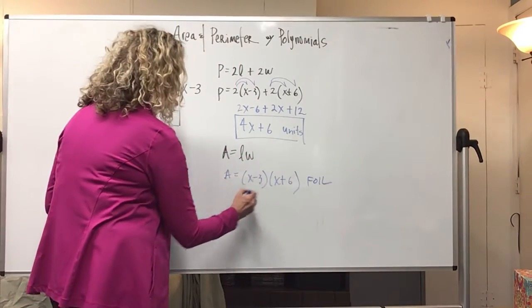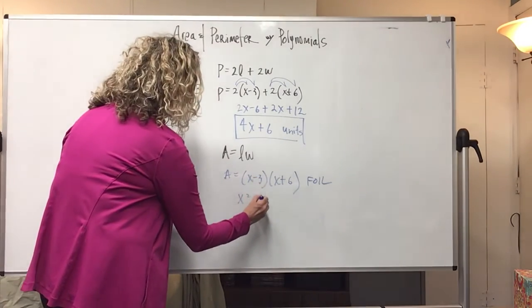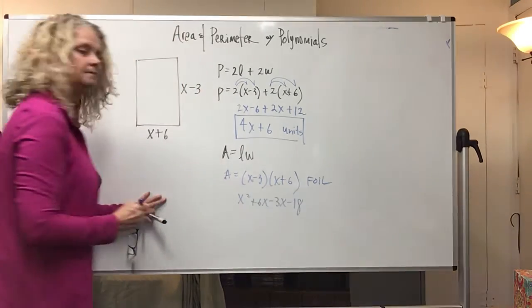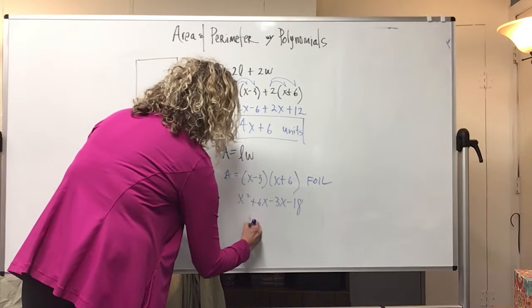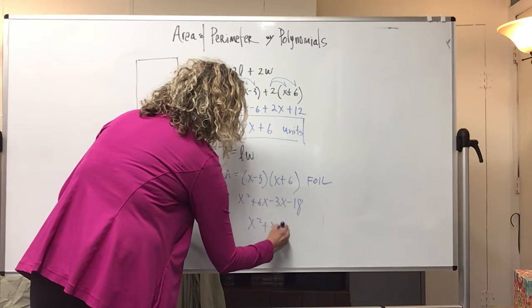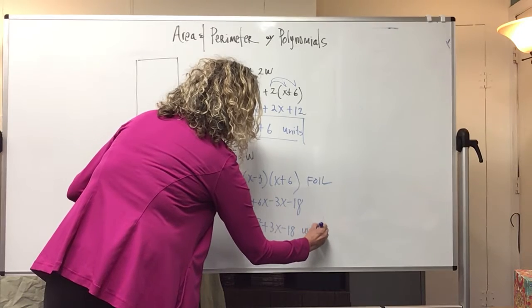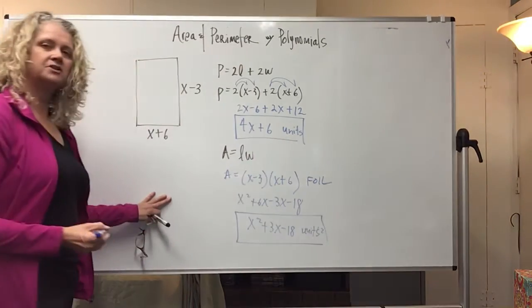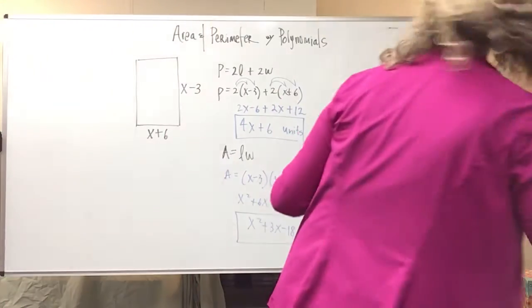So you're going to do x times x is x squared, x times 6, minus 3x, minus 18. Now you're going to combine like terms, and you're going to get x squared plus 3x minus 18, and with area, units are always squared. Let's do one more of these and then we'll move on to triangles.